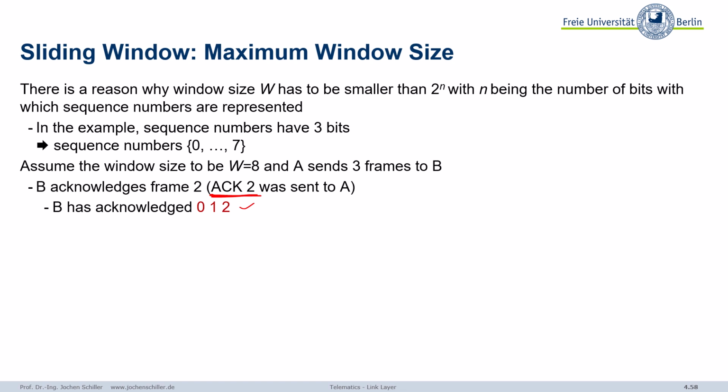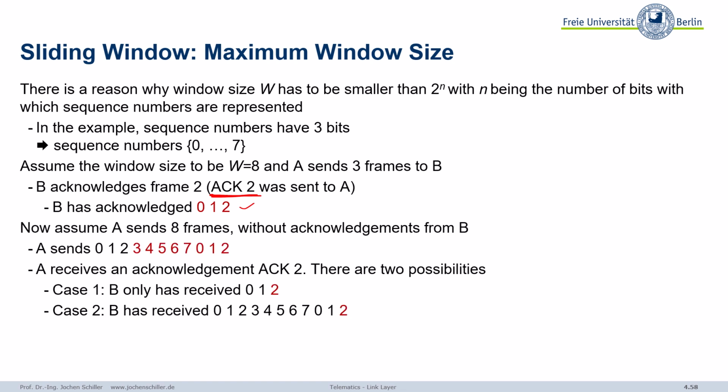So from the outside world, we know everything is acknowledged. Now A sends 8 frames without an acknowledgement from B. So A sends the additional frames with the sequence numbers 3, 4, 5, 6, 7, wrap around 0, 1, 2.